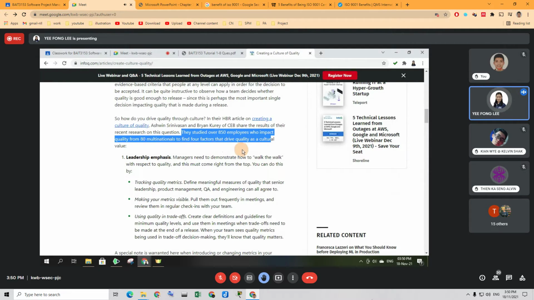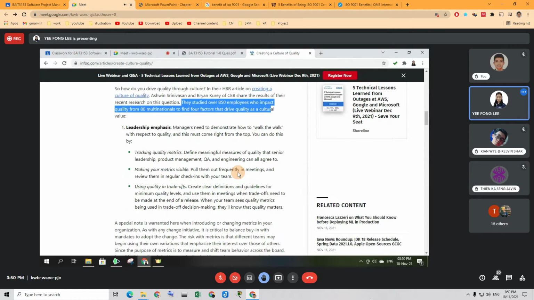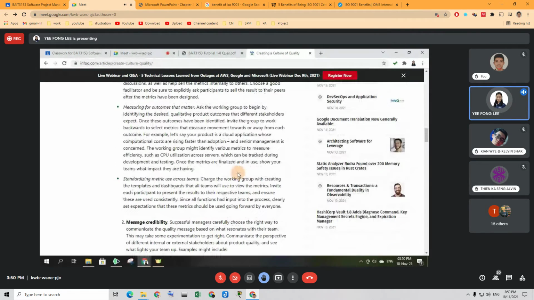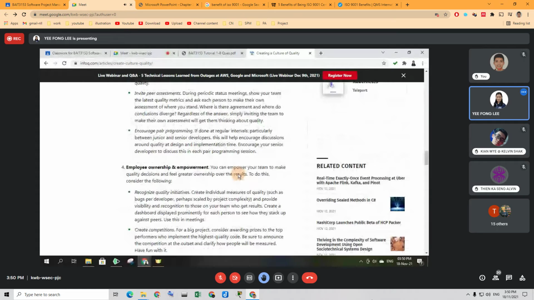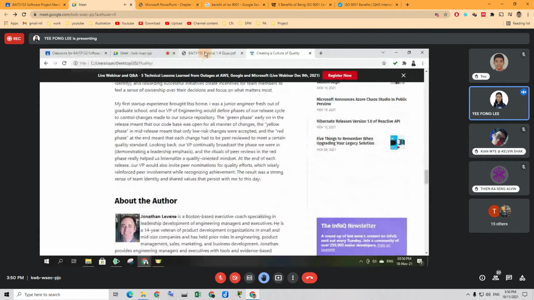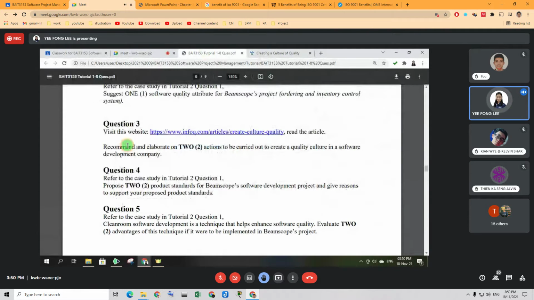There are 4 factors here with their discussion. So now your task is to recommend and elaborate 2 actions. Please don't copy and paste. Understand it, use your own words to reproduce your answer.